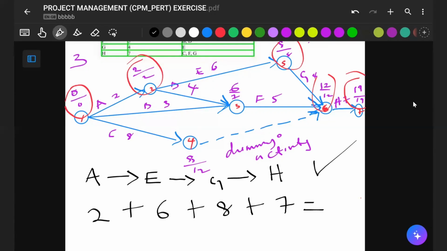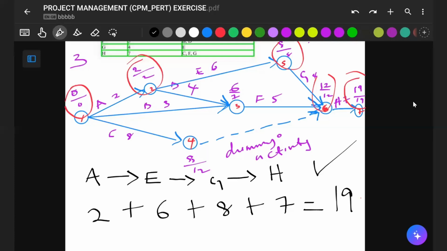This will give you 19. You may know automatically as soon as you get to this point, but you need to show it in the exam. I've marked so many of your scripts. Some people just get that, but they don't show it this way. Just show it to us: 2 plus 6 plus 8 plus 7 equals 19. You've gotten your full mark here as well.